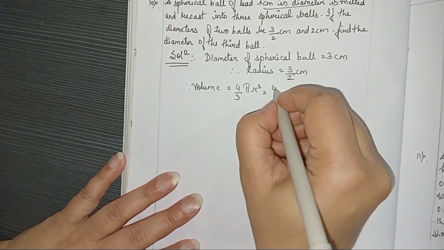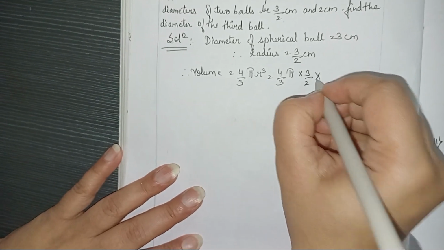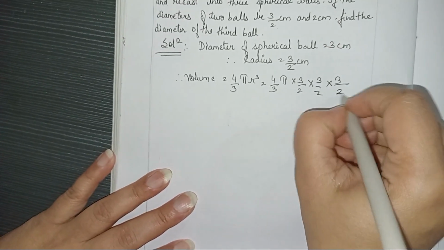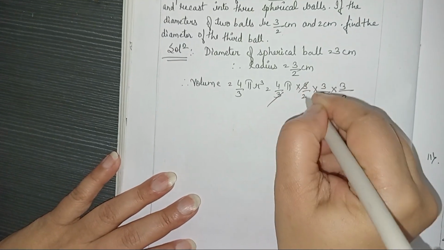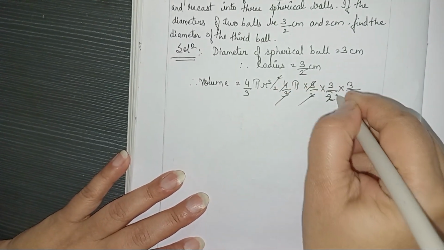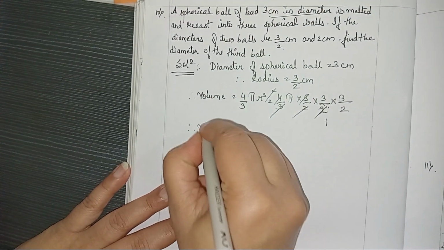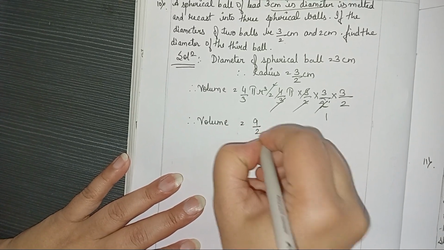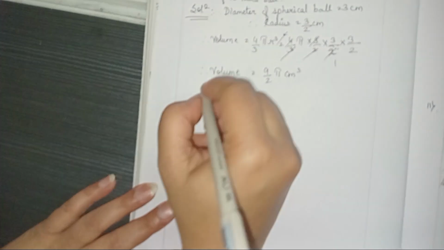As we know, 4/3 pi into 3/2 into 3/2 into 3/2. Okay, so simply the calculation will give you volume equal to 9/2 pi centimeter cube.